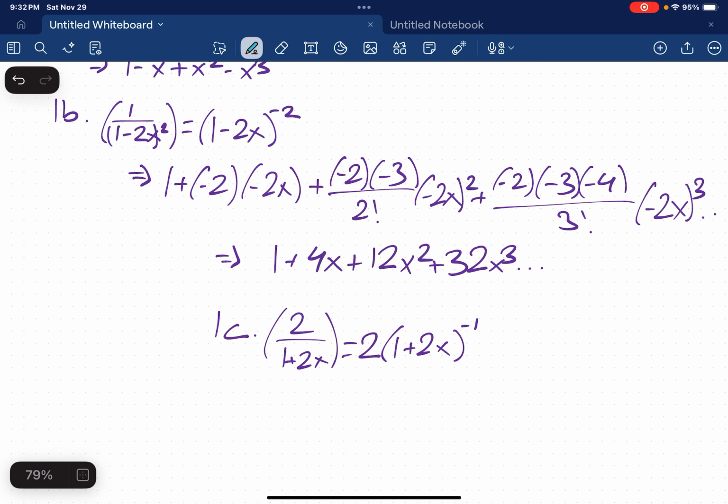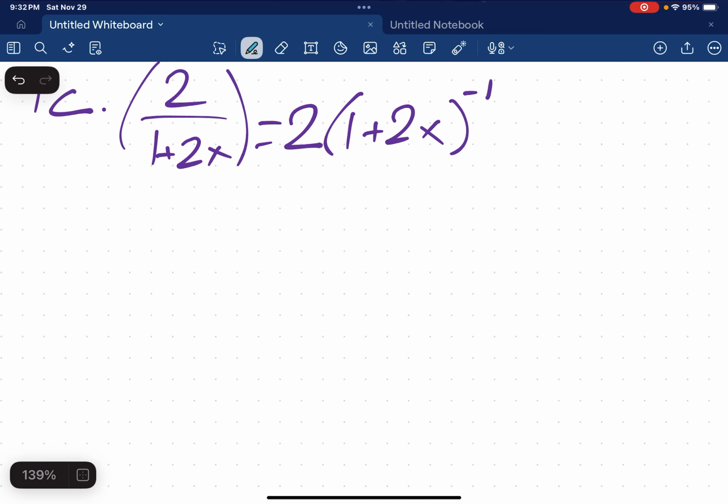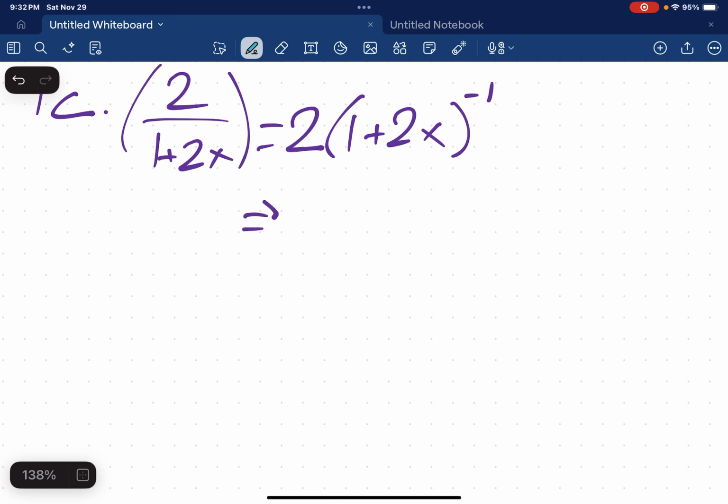Oh, we can't use part B. Never mind, part B is a minus 2x. Okay, in that case, we'll just write everything out again.